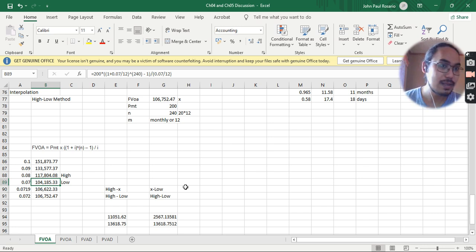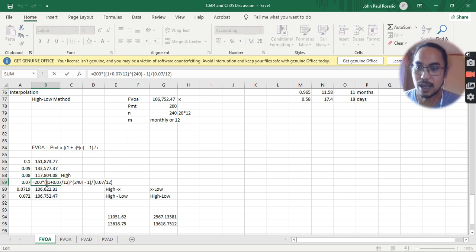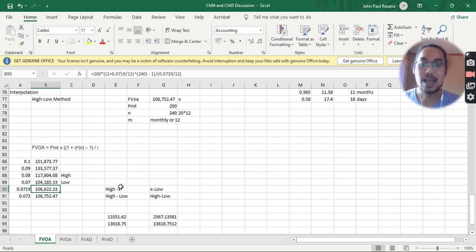So I used 7%. So for 7%, just replacing the interest with 7%, it gave me a future value of 104,000. Now, 104 is lower because my target is 106. But if I go for 8%, 117 is way higher pod.